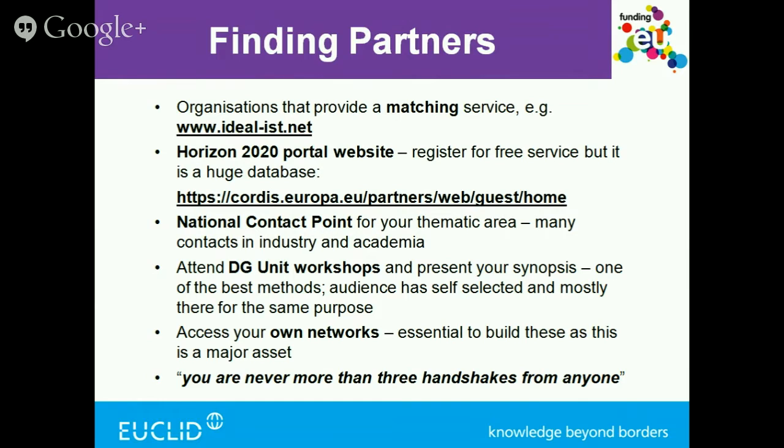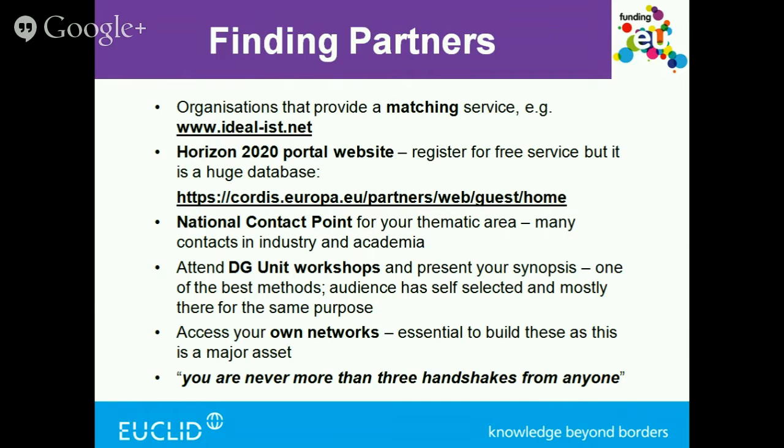There's a contact point for the energy strand, for the ICT strand, for the reflective society strand, and so on. So you need to find the right contact point, and they may have lots of contacts. They are appointed to be the contact point because of their knowledge, which will include their networking and their contacts in the area.